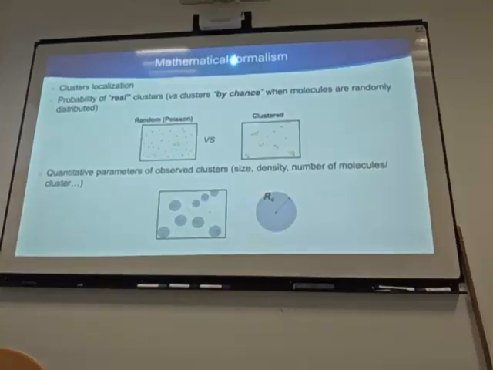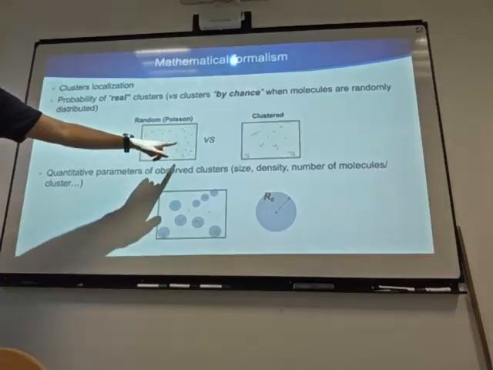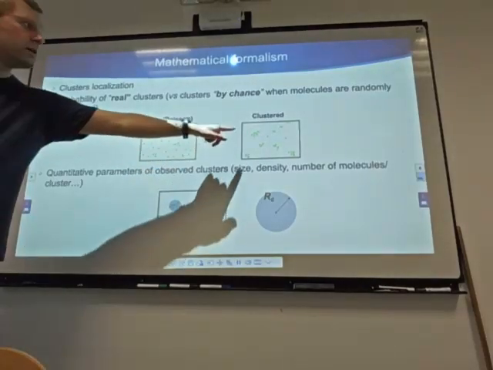And before that, if you want to look at clusters from a mathematical point of view, you can ask different questions, which can be the cluster localization: where do you have clusters? There is also a statistical question, the probability of real clusters versus clusters by chance when molecules or objects are randomly distributed. Here, is this a real cluster or not?